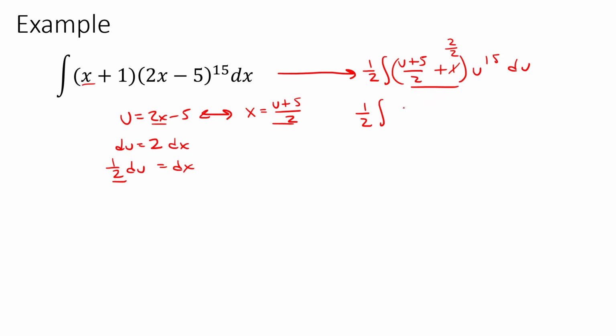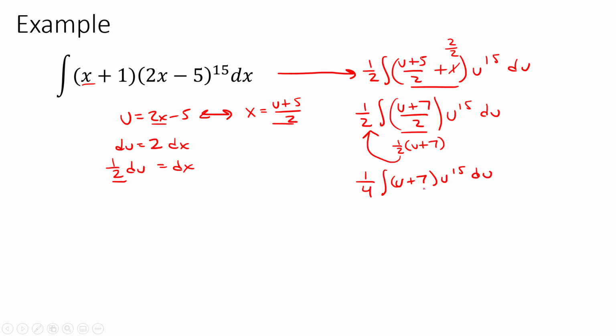So combining the fractions and combining like terms, this becomes u plus 7. And then, we think of this as really being 1/2 times this. So I can pull the 1/2 out of the integral, and it will just multiply by what's already there. So it'll become 1/4 u plus 7.